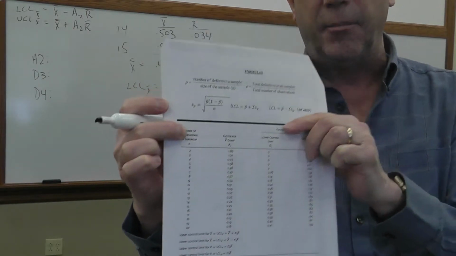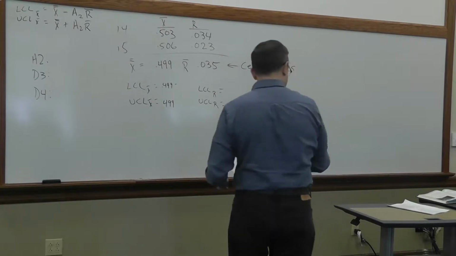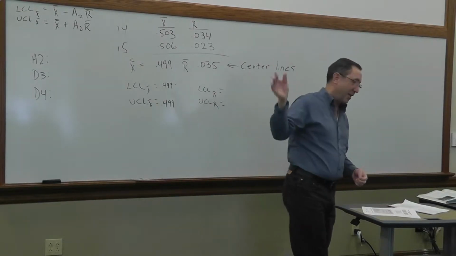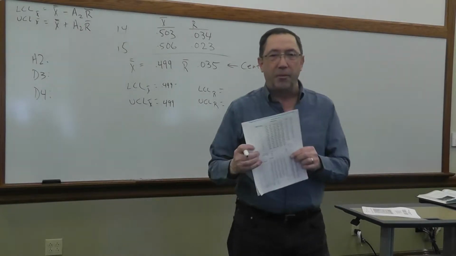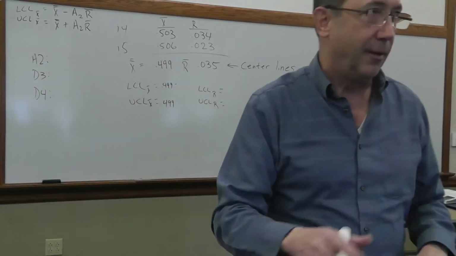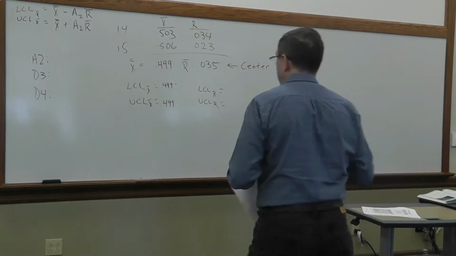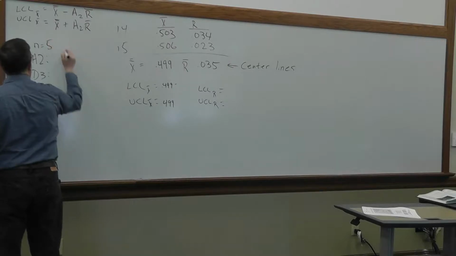A subgroup is a sample. So n is how many items are in each sample, not the number of samples. I see it over and over again, where for this example, students will use n of 15 because there's 15 samples. n is 5, because there's 5 in each sample here.